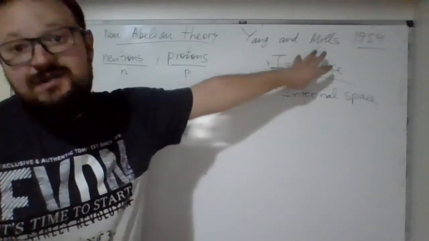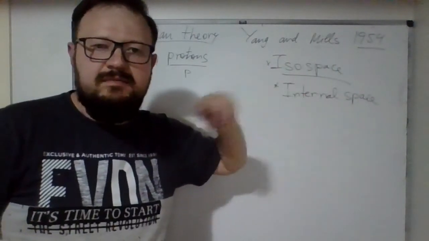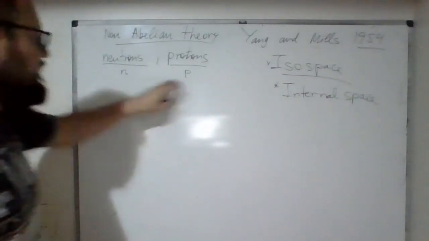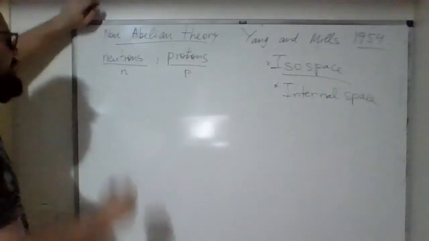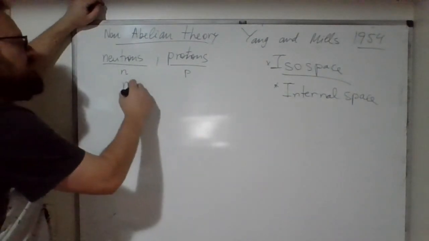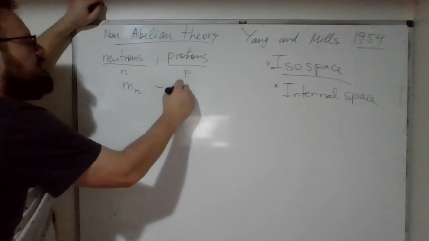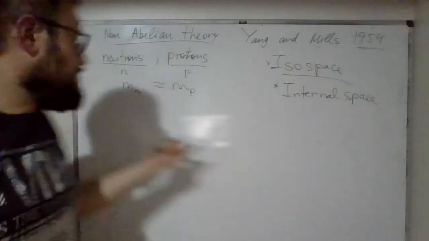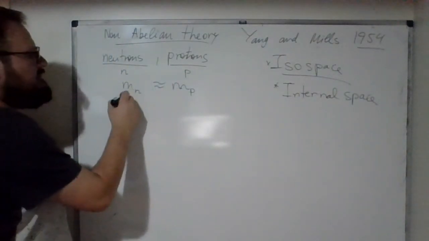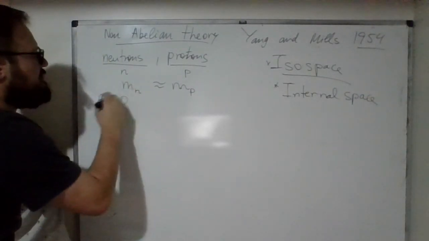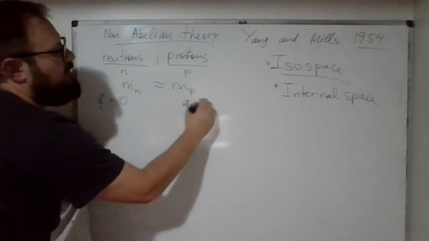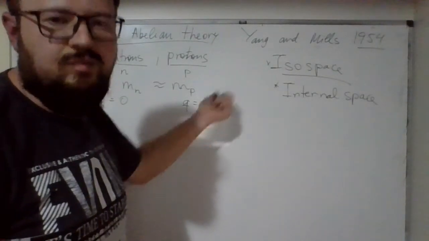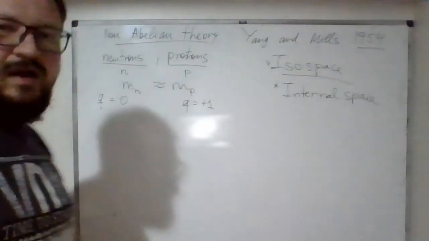The ideas here are revolutionary, and it started the revolution in particle physics, but they thought the following thing: the masses of the neutron and the proton are nearly the same. The electric charge, here you have a particle of 0 electric charge, and the proton is +1 in terms of the modulus of the electron charge.